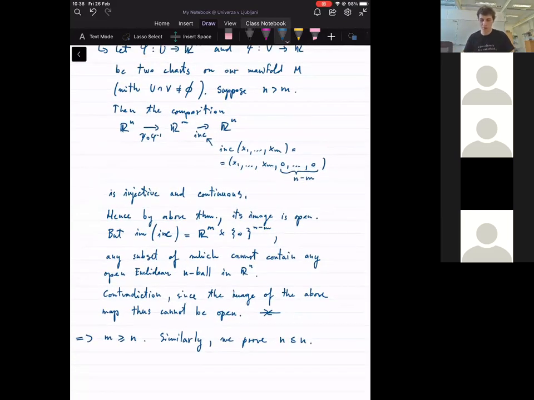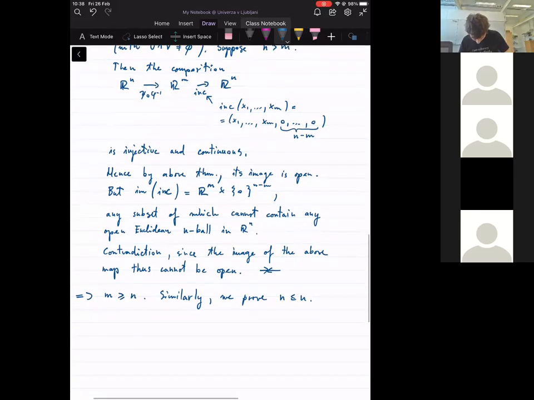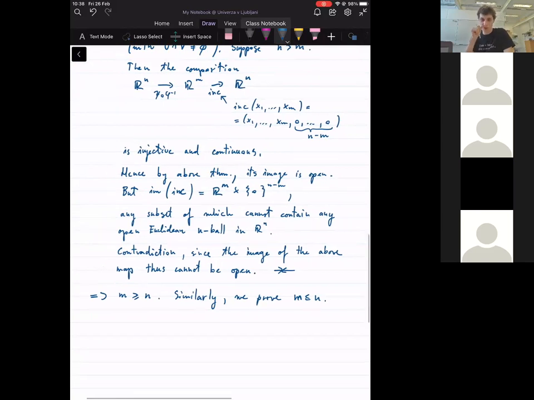By using not psi of phi to the power of -1, but phi of psi to the power of -1, we get the result that m must be less or equal to n, right? So this now implies that m is equal to n.